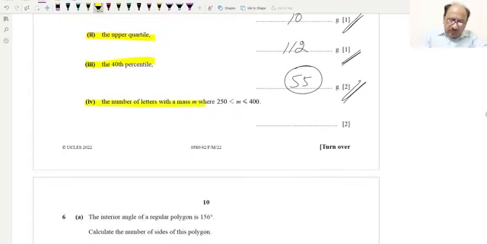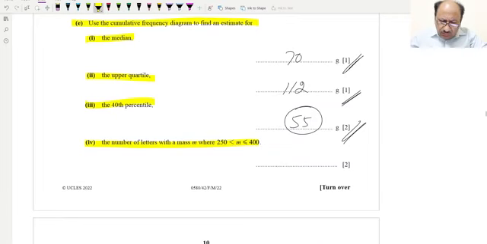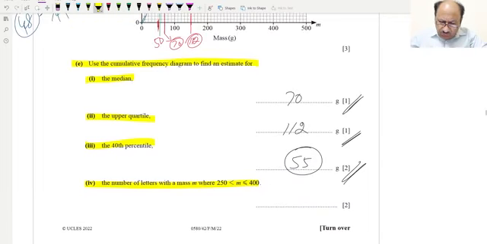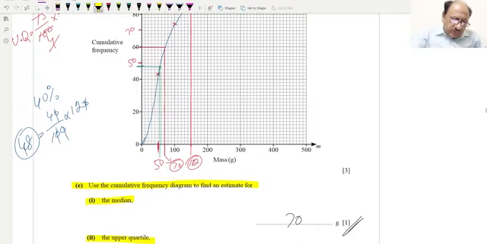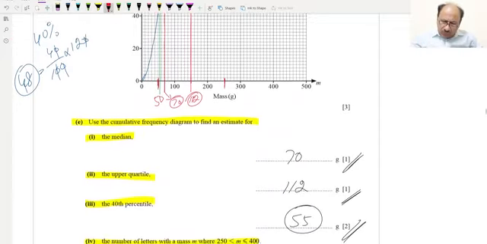Then they are saying the number of letters with a mass m where m is greater than 250 and less than 400. So 250 will be in the middle of 200 and 300. So 1, 2, 3, 4, 5. This will be the reference, and up to 400.